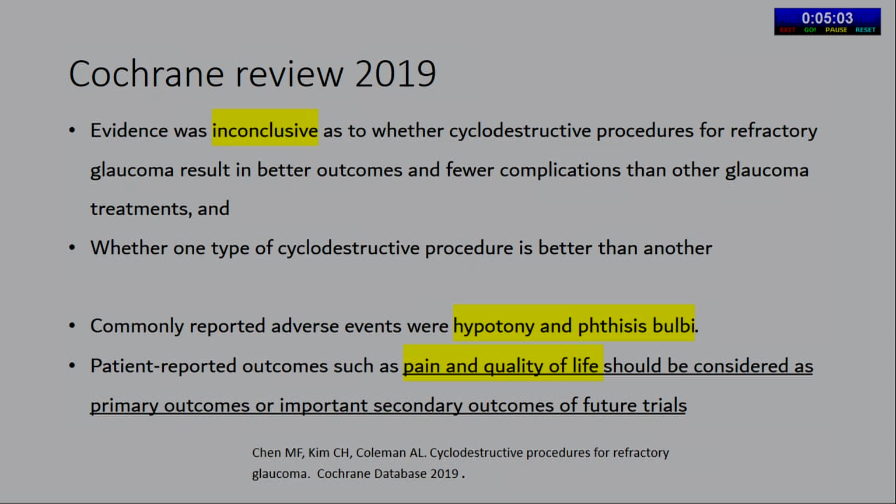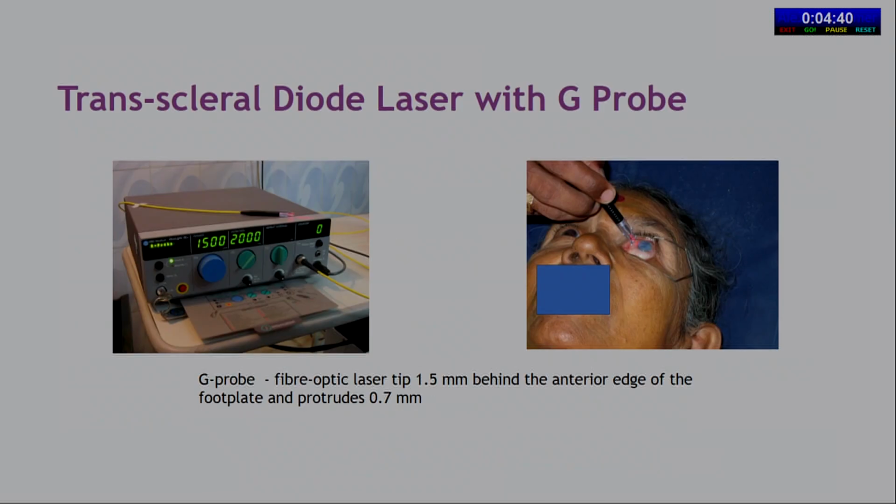I think these should be important parameters to be measured as outcomes in future trials. But whether one type of cyclodestructive procedure is better than the other is not very clear after this Cochrane review. So we are left with our own choices as to what we can offer to a patient, whether we want to do a reprocedure, whether we want to do a glaucoma drainage device, whether we want to consider a limited diode and so on.